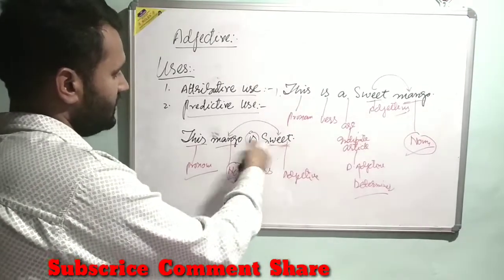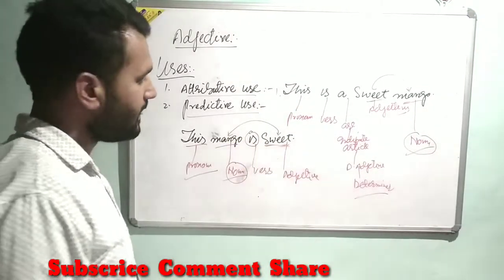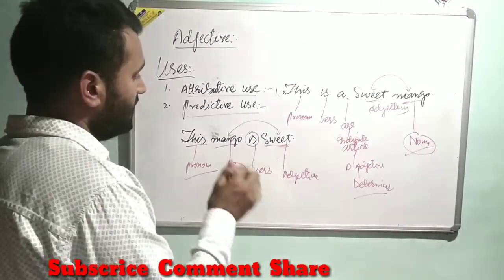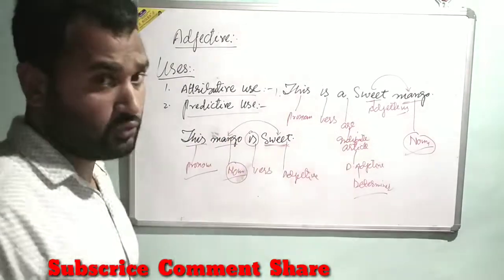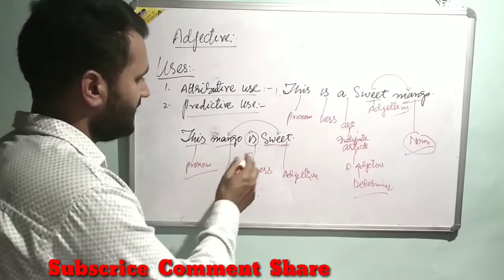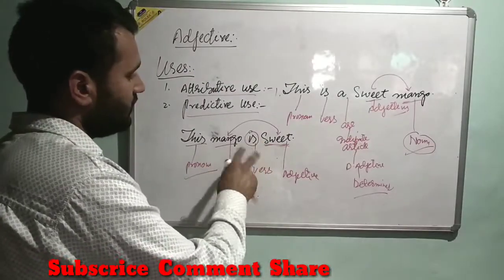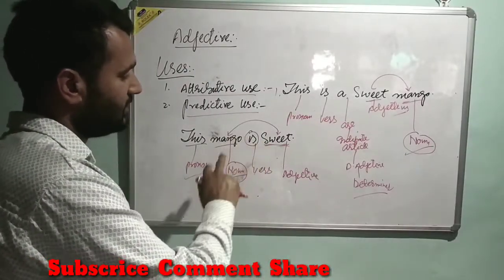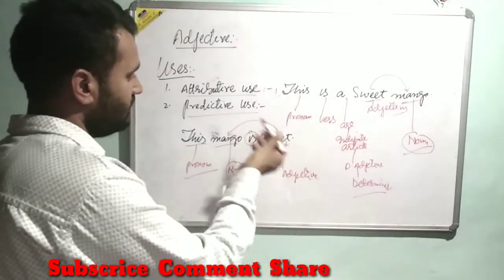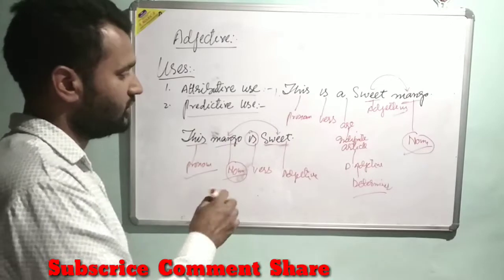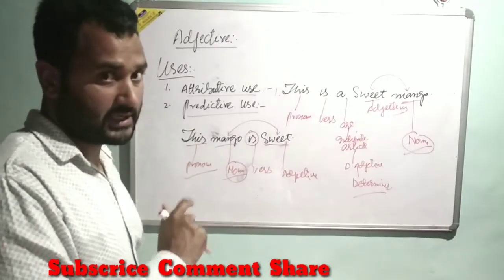So two things we have to clear so far as the predictive use of the adjective is concerned. The first thing is that the adjective is qualifying or modifying the noun in indirect terms, not directly.